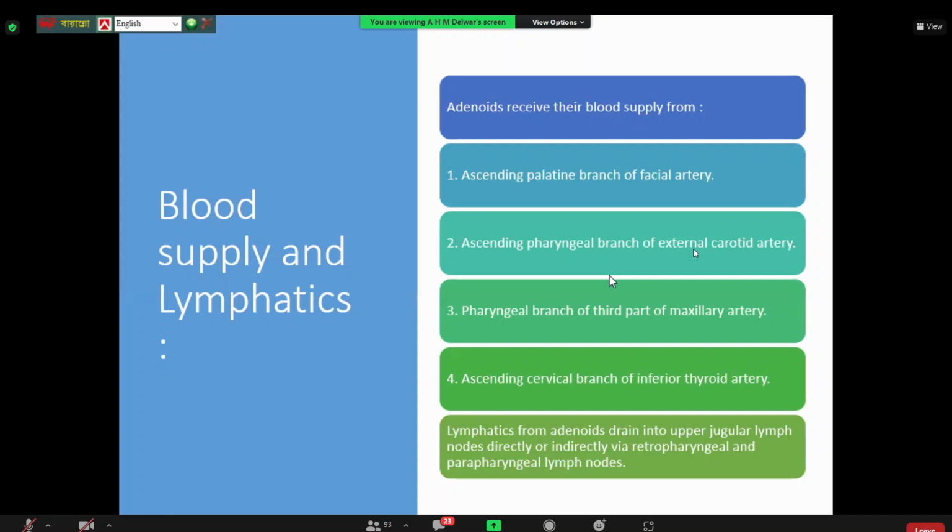Blood supply and lymphatics. Blood supply is important because surgery of the adenoids is very crucial, because the patients are children and the parents have so much anxiety.